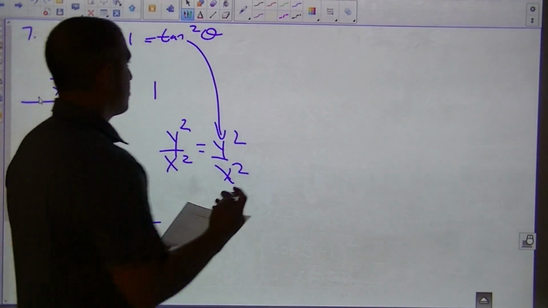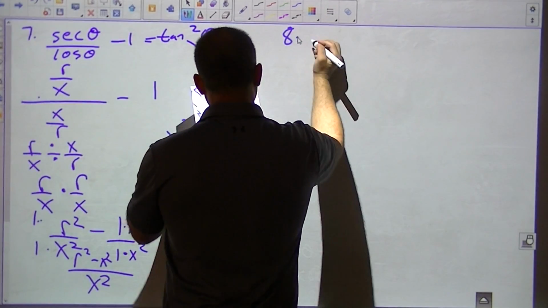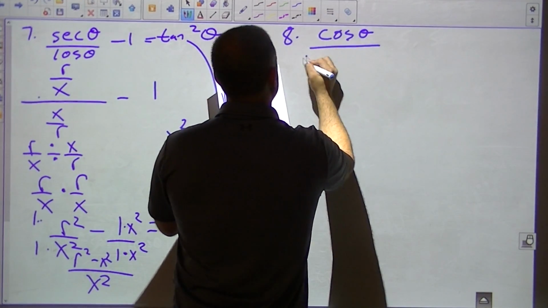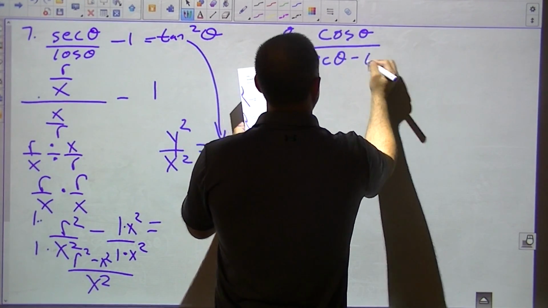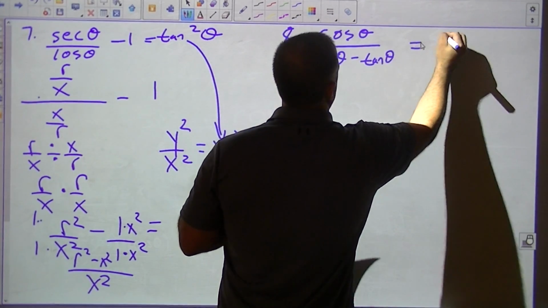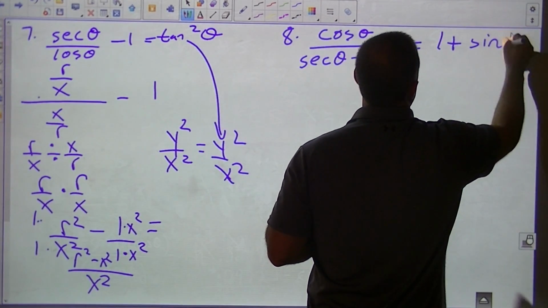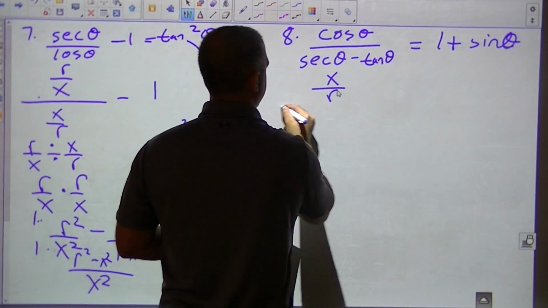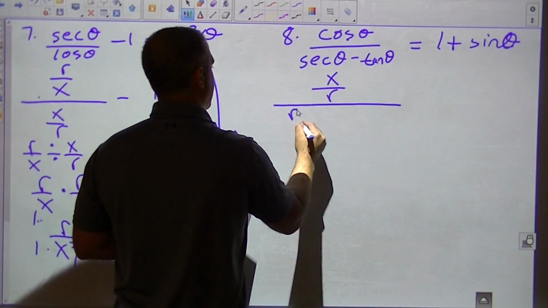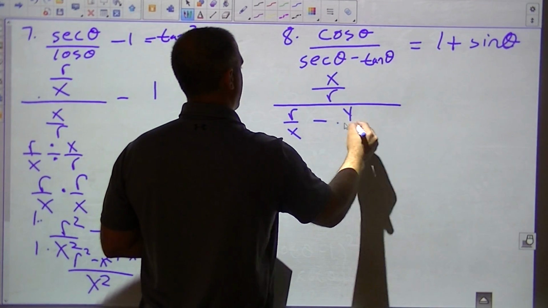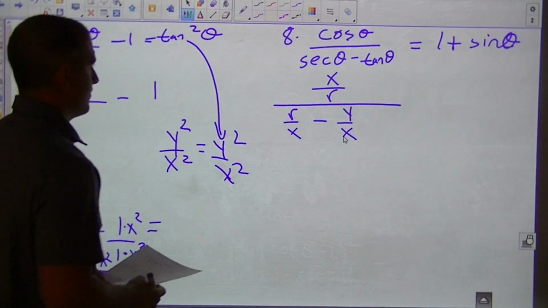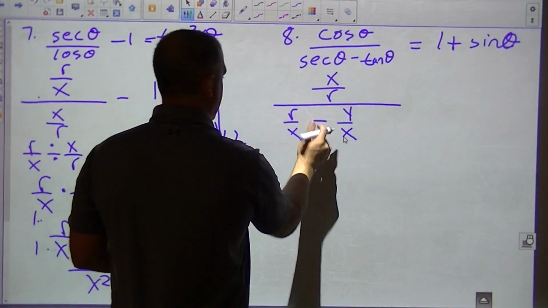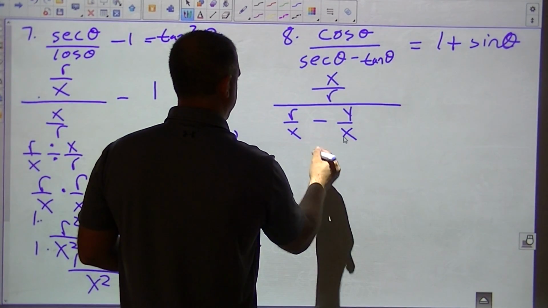Okay? Last proof, question 8. I got cosine of theta over secant of theta minus tan of theta, and 1 plus sine of theta. So I got x over r, big division sign, r over x minus y over x. Now, I already have a common denominator there, so I can just push those together.